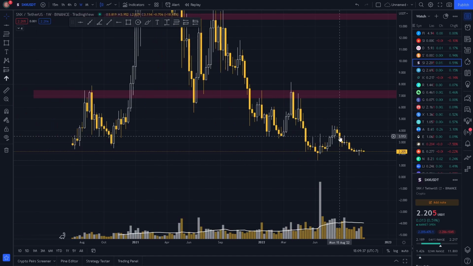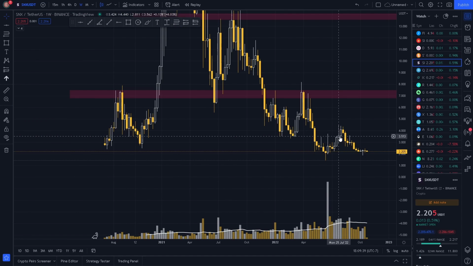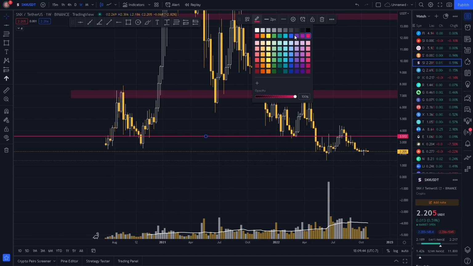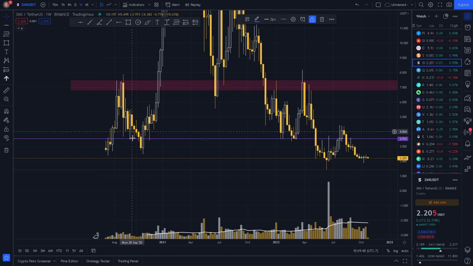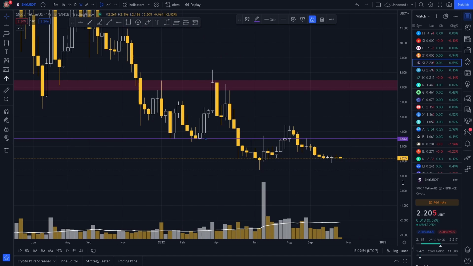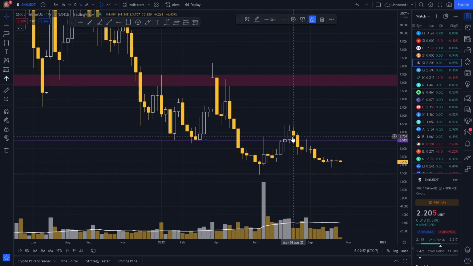Now, if we look at the beginning of price action, where we draw in a zone right here, what do we see? Well, we can see price reacting to this level, and we see price reacting to this level here. So what we can determine from this price action right here is a fake out from this level.